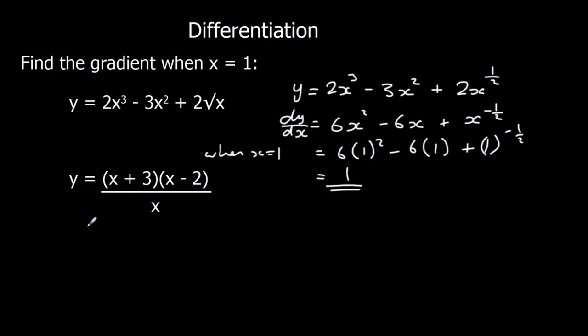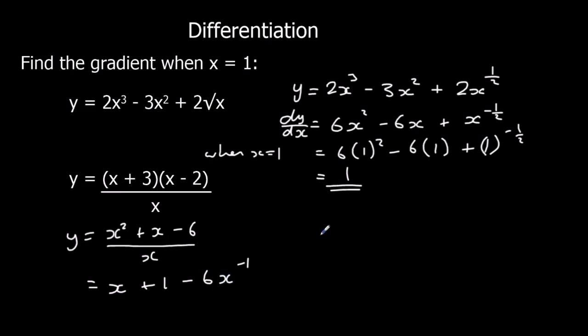And here, we have to expand the bracket and divide through by x before we can differentiate. So expanding the bracket gives us x squared minus 2x plus 3x minus 6, and we need to divide through, so x squared over x is x, x over x is 1, and 6 over x is 6x minus 1.